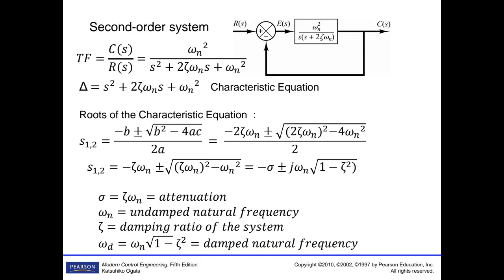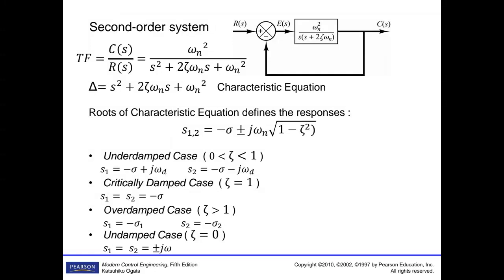Of course, we have underdamped, critically damped, overdamped, undamped. Undamped means sinusoidal. Overdamped is excessively damped, with two real poles. Critically damped means two poles are equal. And underdamped is generally the case we deal with.